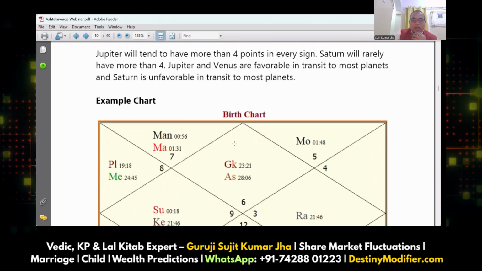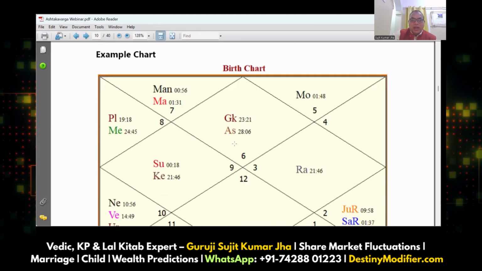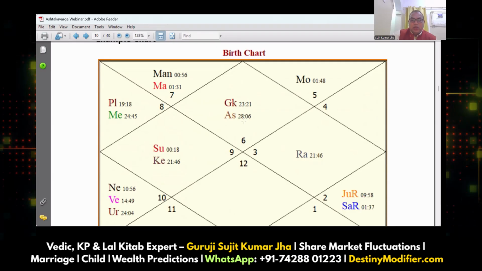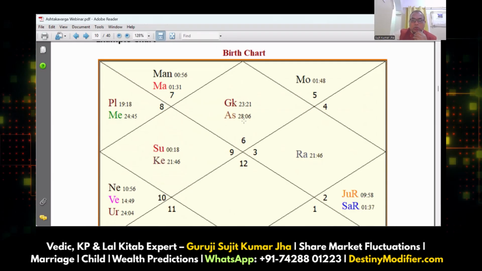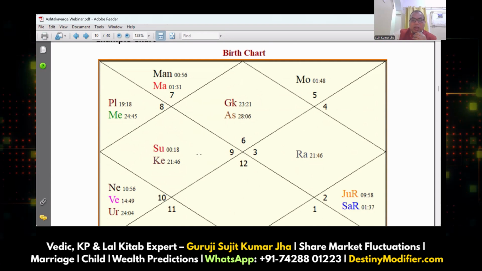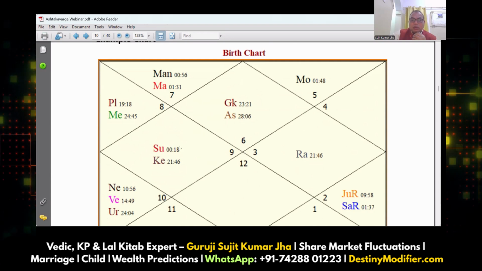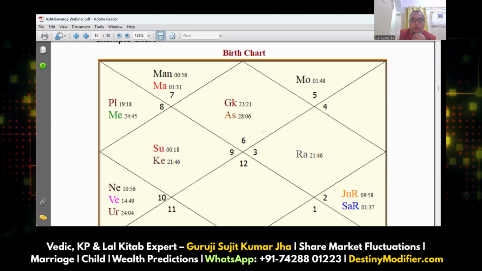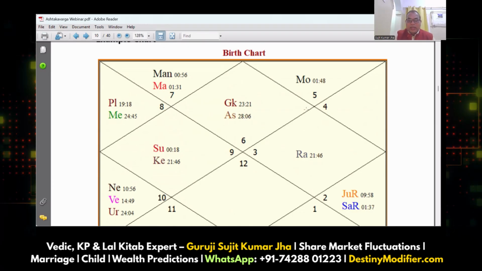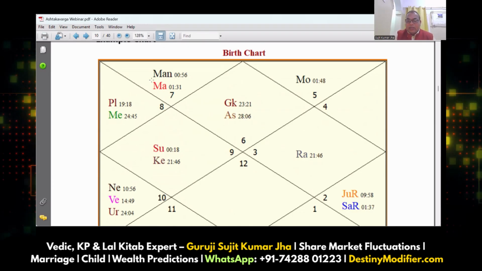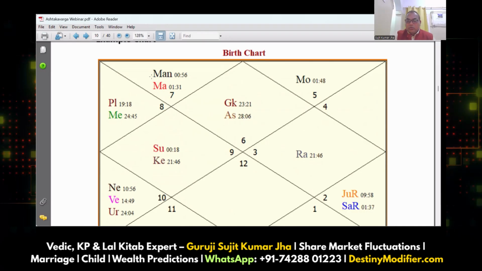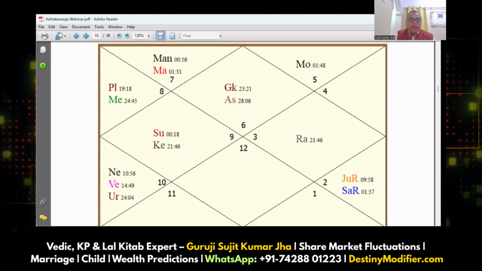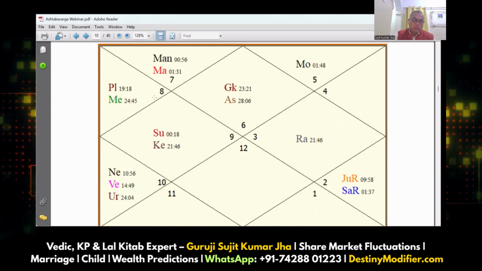Now, I am considering one chart as the example chart. So this is the birth chart for a native. He is in the medical field. So you can see here, Lagna is Virgo sign, the Moon is placed in the 12th house, the Sun is placed with Ketu in the 4th house, Sagittarius sign. Saturn is in the 9th house with Jupiter, and Mercury is in the 3rd house.